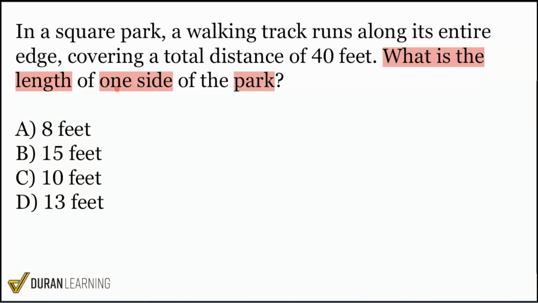So really what caught my eye is, again, the word park. What shape is this park? Because it could be a rectangle, could be a square, could be a triangle, parallelogram. I don't know. I have no clue. Let's just take it one step at a time. And if I read from the beginning, I see that it mentions it as a square park. Okay, cool. So we know that we're dealing with a square and we want to know the length of one of the sides.